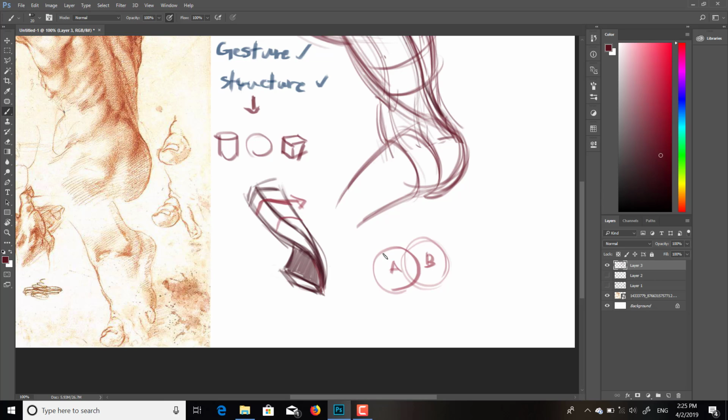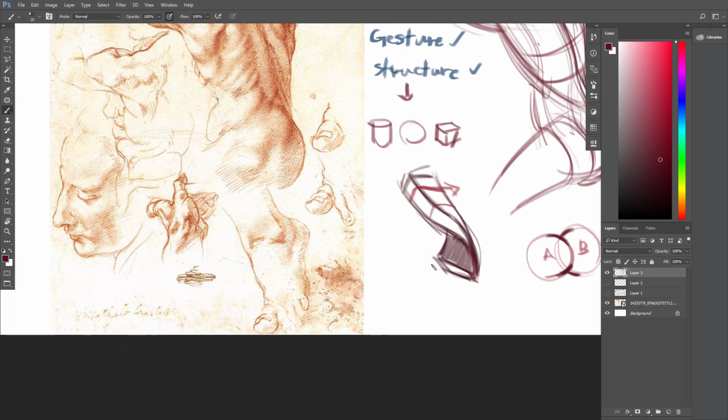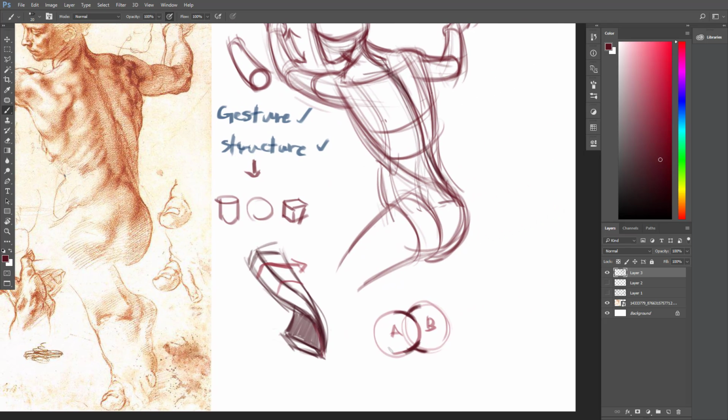What do you do? You just have to draw overlaps to show that the cylinder A is closer to you.